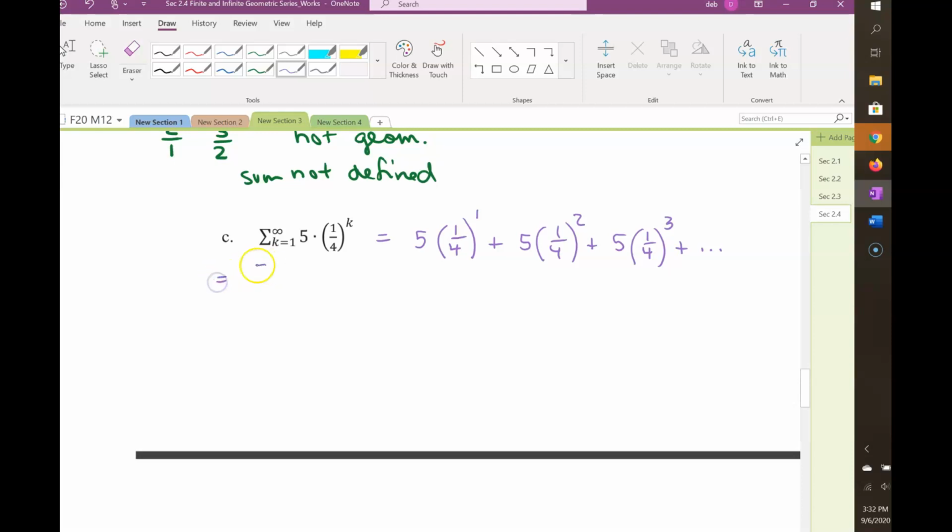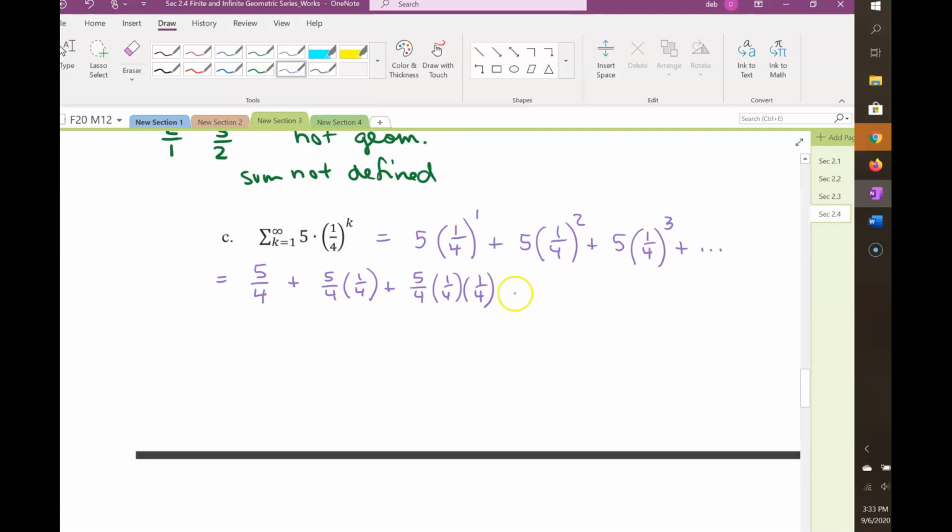So I can see that my first term is 5/4, and then I'm multiplying 5/4 by 1/4. Then 5/4 times 1/4, and then times 1/4 squared.